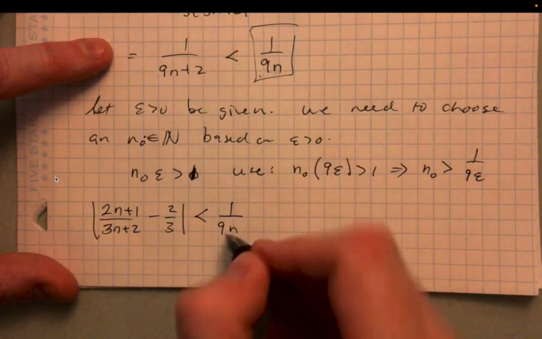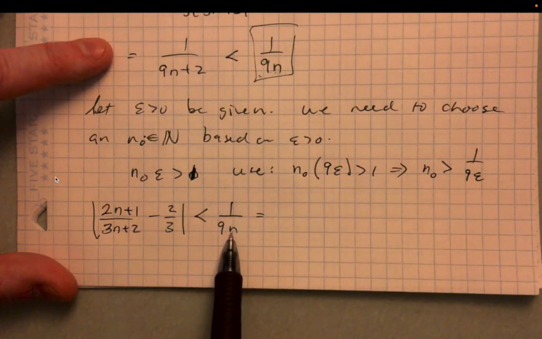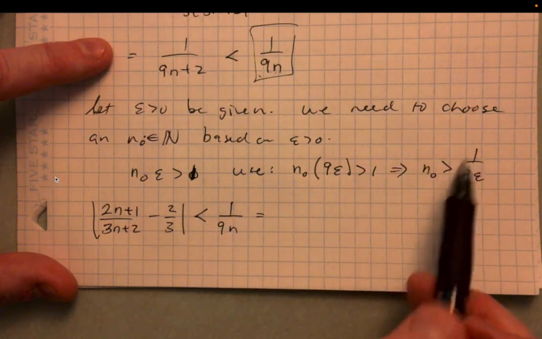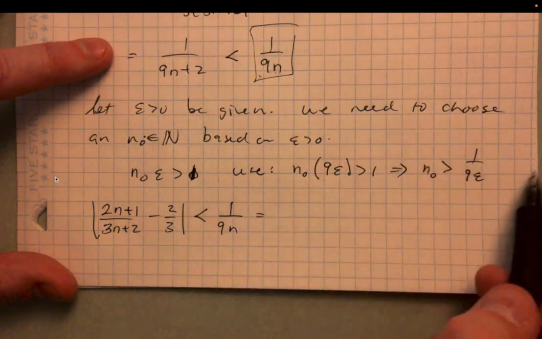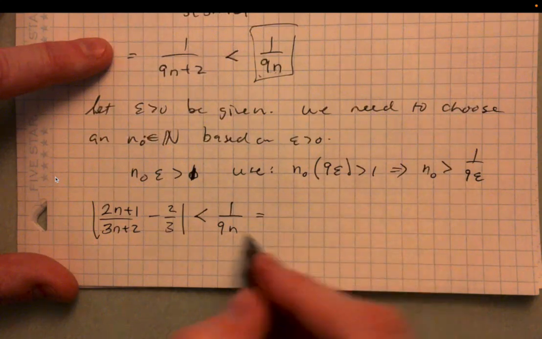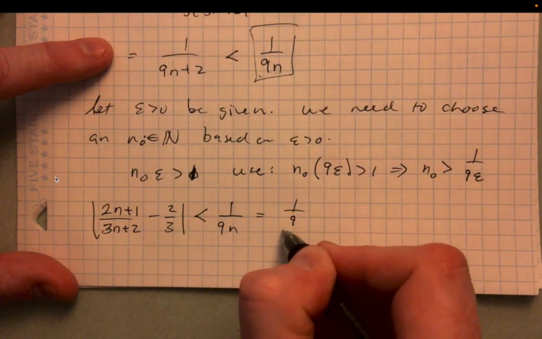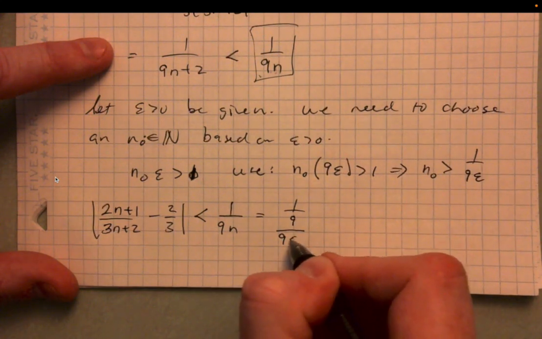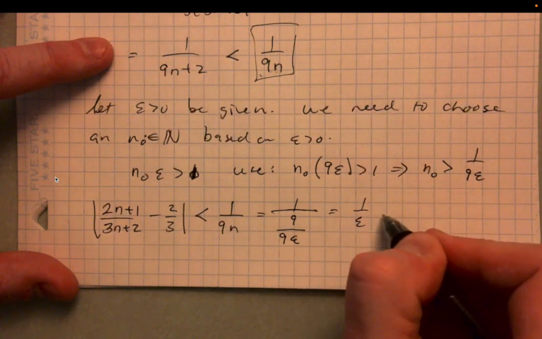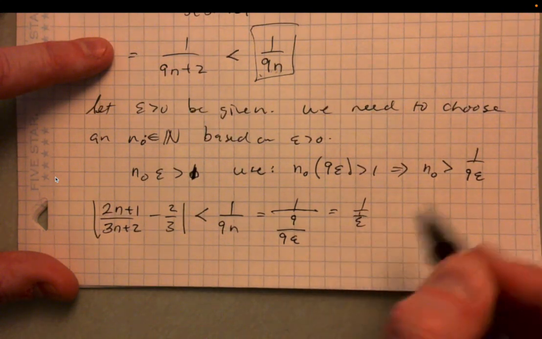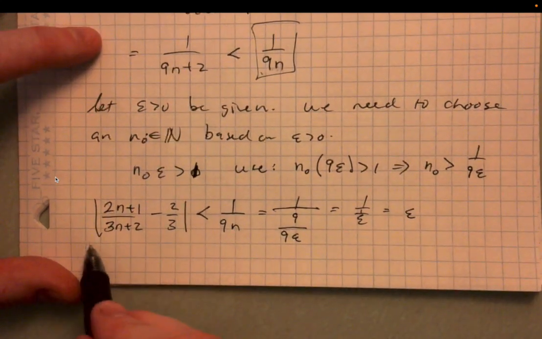Okay, but instead of n, I want to plug in, because my n now is beyond n naught, right? So anything beyond n naught, I can plug in this expression for. So this is equal to 1 over 9 divided by 9 epsilon, and that's 1 over 1 over epsilon. The 9's cancel out, and so that's just epsilon. And so the relationship holds, right?